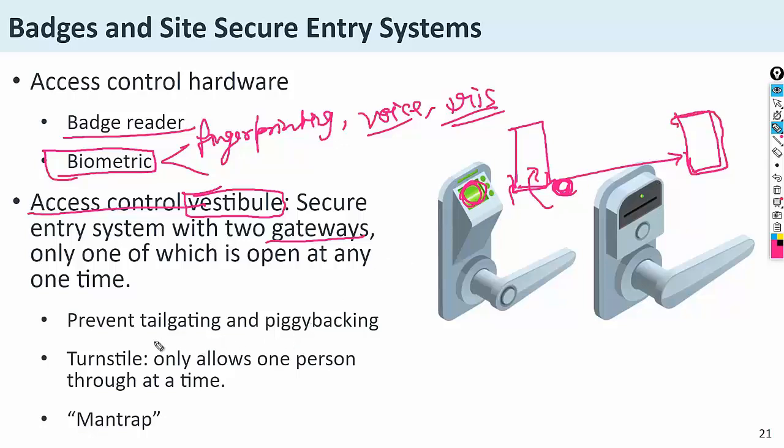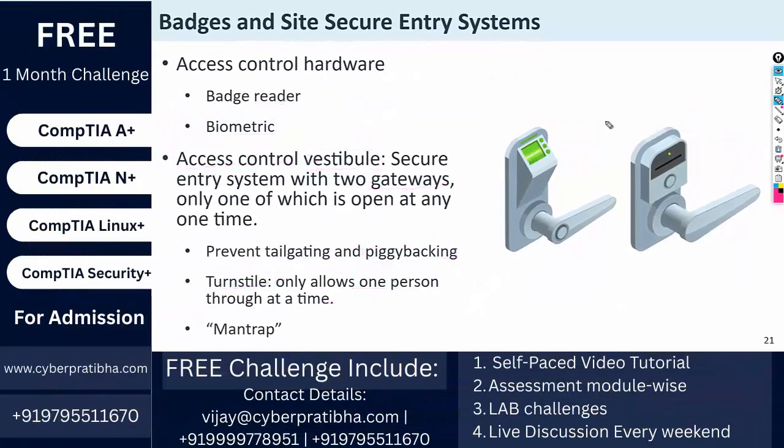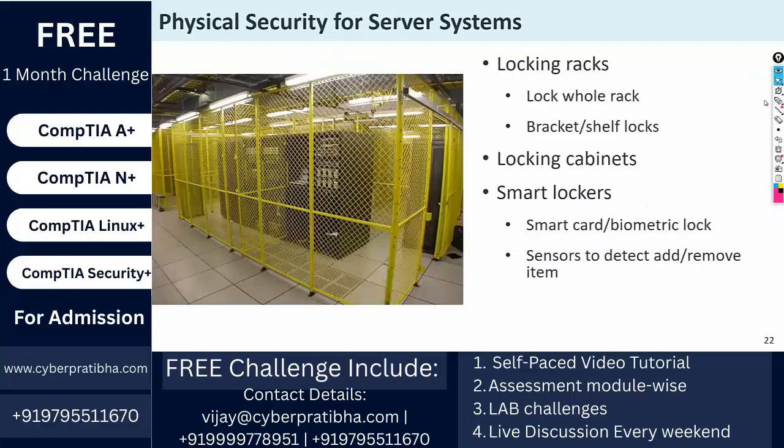So it protects from tailgating, meaning anybody walking behind you, or piggybacking, meaning anybody hiding himself and going into the site without being found out. There is also a turnstile, where only one person is allowed at one time, and a mantrap, protecting from all these things.